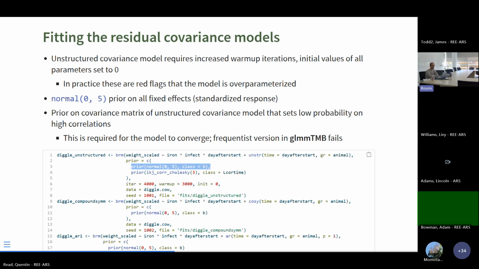And the standard deviation of 5 because I've scaled weight to be in standard deviation units. So a coefficient of 5 would mean iron supplementation increases weight by 5 standard deviations, which is like a ridiculous amount. So it's a very wide prior. It's allowing for very large effect sizes. We're not biasing it a priori to small effect sizes.